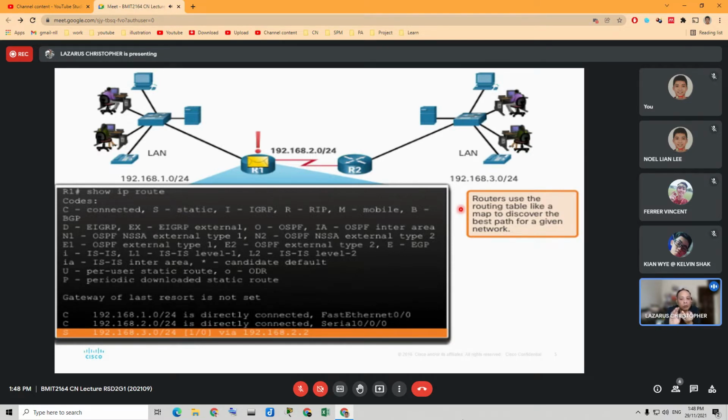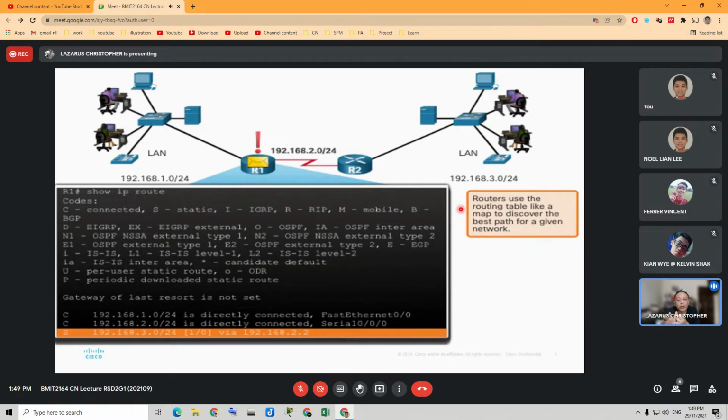Again, two possibilities. Directly connected network means the destination is attached to the network via the interface already. If it's not, then it's probably a remote network. So the router still needs to know which interface it should use in order for the packet to be forwarded to the remote network.